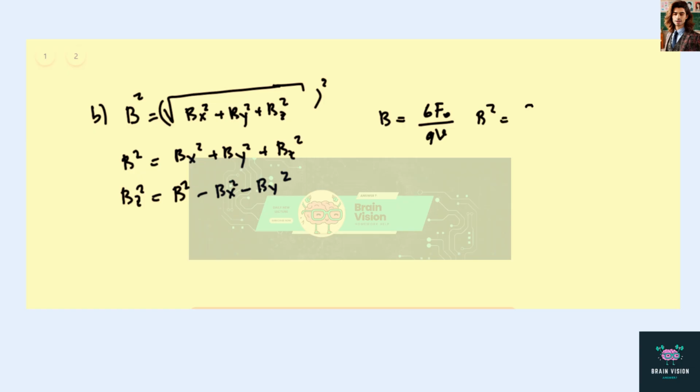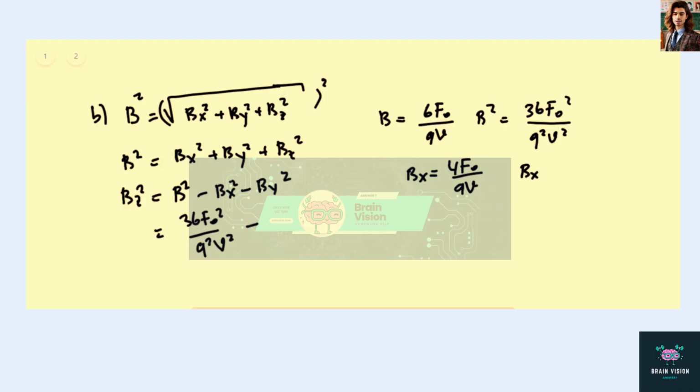Then B squared is going to be 36F naught squared over q squared v squared, minus, remember, B sub x was 4F naught over q times v, so B sub x squared is going to be 16F naught squared over q squared v squared, minus B sub y squared.